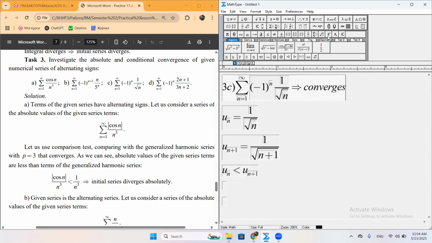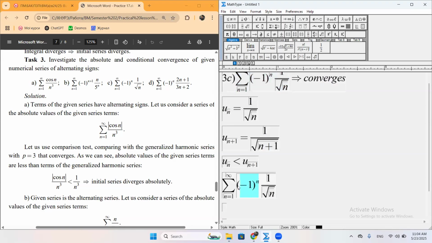But we need to investigate if it converges absolutely or conditionally. So we need to investigate the following series.